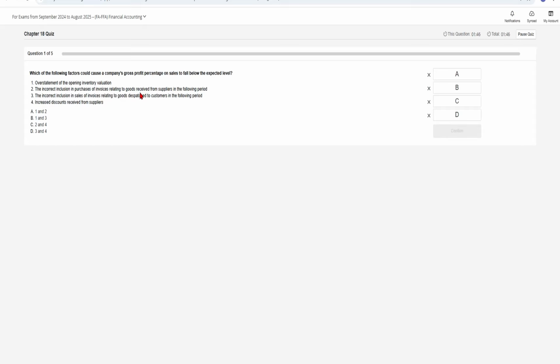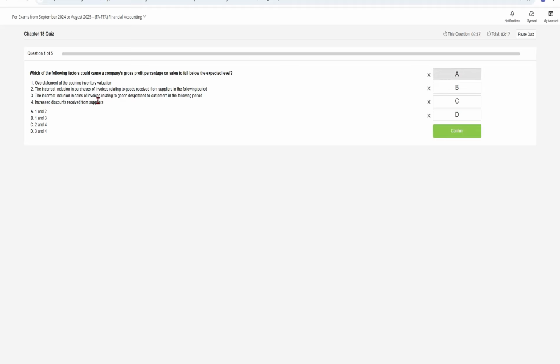So again it will increase the purchases, and if it increases the purchases, being part of cost of sales, the cost of sales will also rise, and once again the gross profit margin will fall, because we deduct this cost of sales from this revenue, and that leads to gross profit. And if our cost of sales is more, in that case there will be less gross profit. So again this will lead to a fall in the gross profit margin. So our option A is correct.